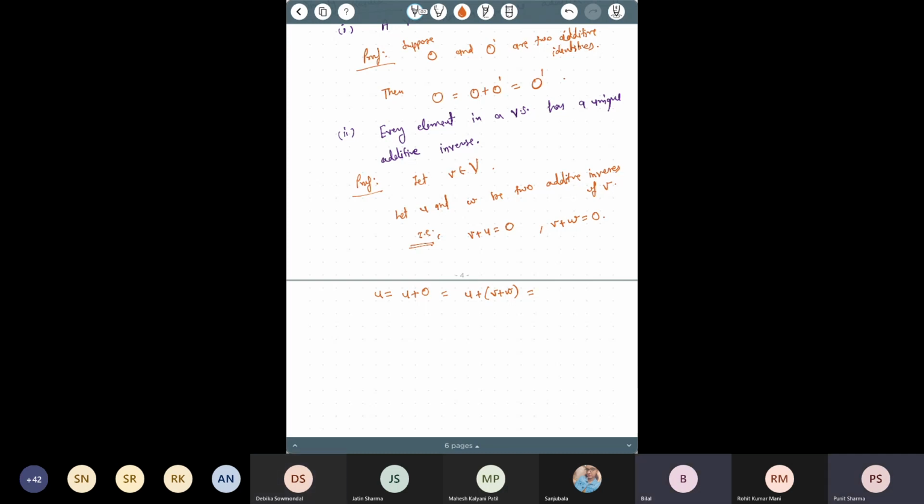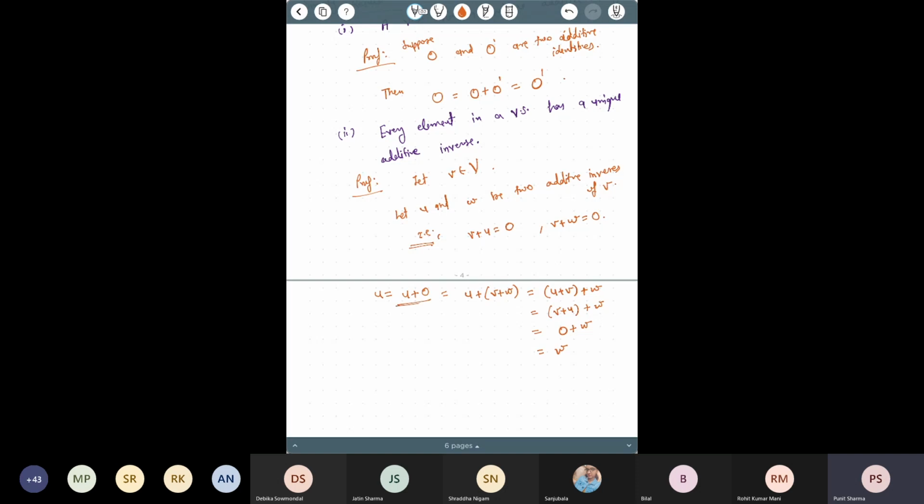Associativity: (U plus V) plus W. Then V plus U equals 0, so 0 plus W. Yes, inverse. U plus V is the same as V plus U because of commutativity, and V plus U we know is 0, but then use the fact that 0 is an identity, so it is equal to W.